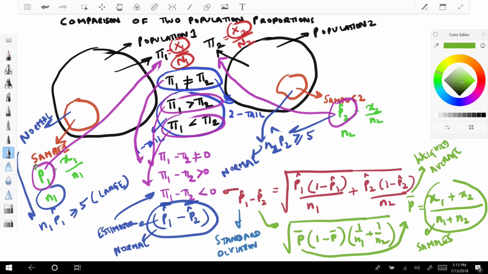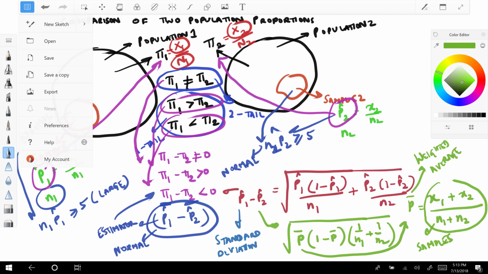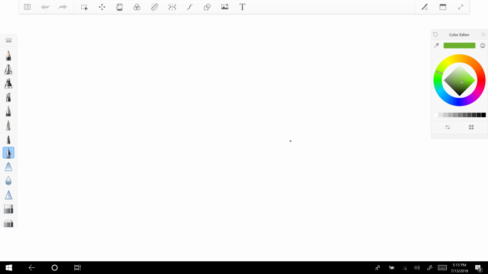So now that we have done this, we will discuss hypothesis testing and confidence interval for proportions. So this is hypothesis testing. The first step of hypothesis testing is to define your hypothesis.